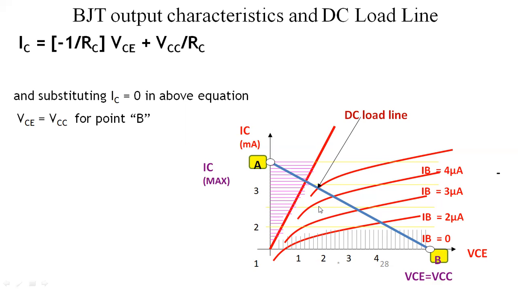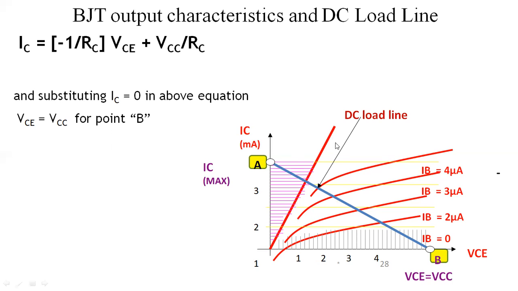And load line means we have to operate a certain load or a certain device along the collector of this transistor, and for that purpose we have to maintain those particular values. Otherwise, the transistor will not be able to drive the further load or device that will be connected at the output.